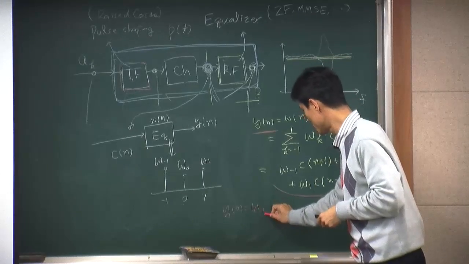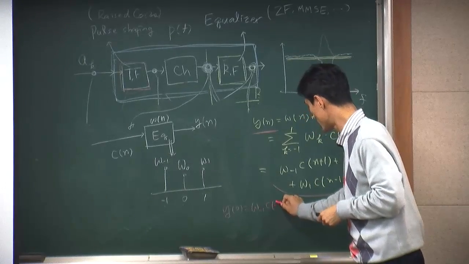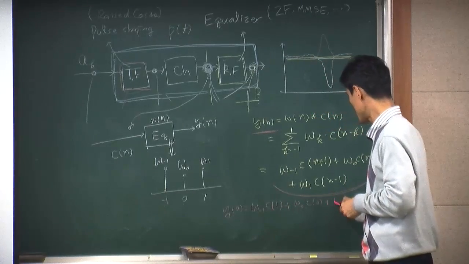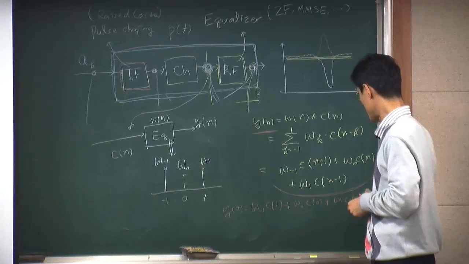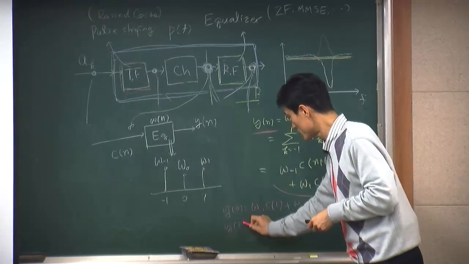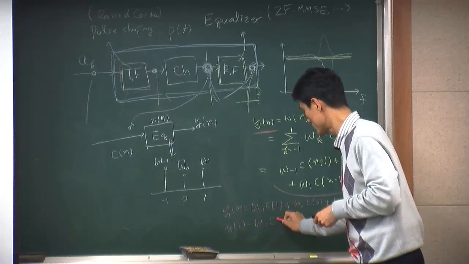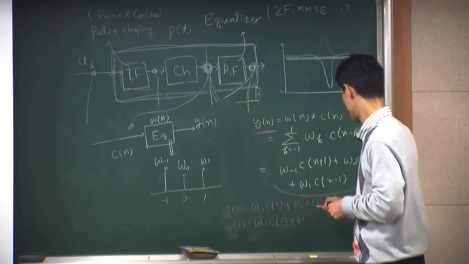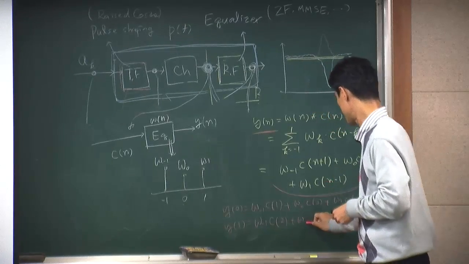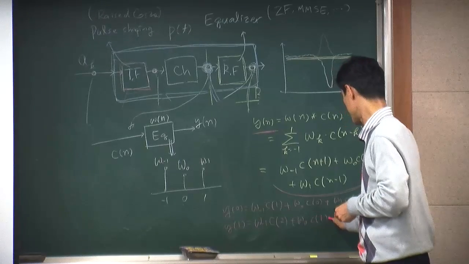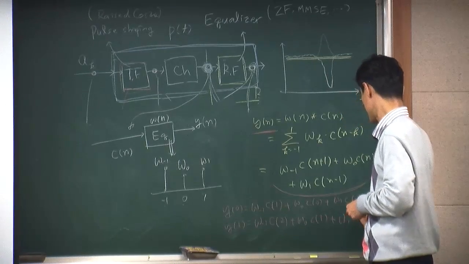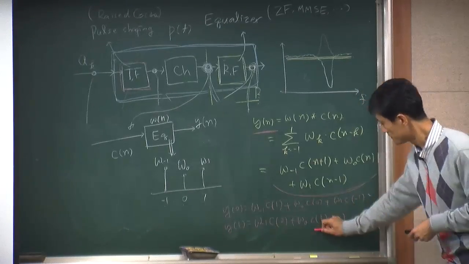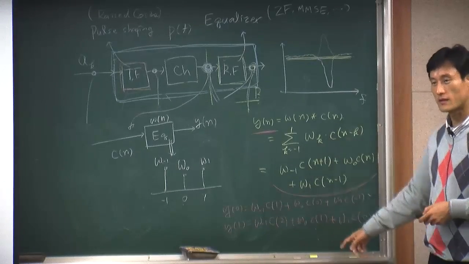Then w minus 1 c1 plus w0 c0 plus w1 c minus 1. y1 is w minus 1 c2 plus something like that.